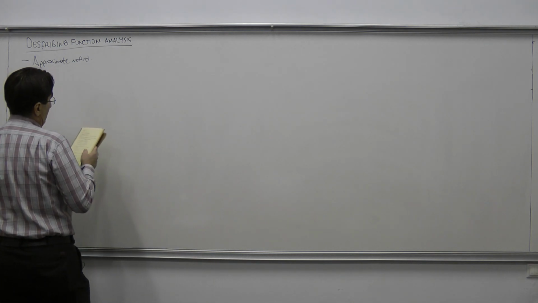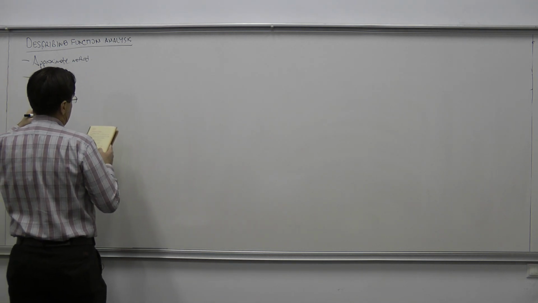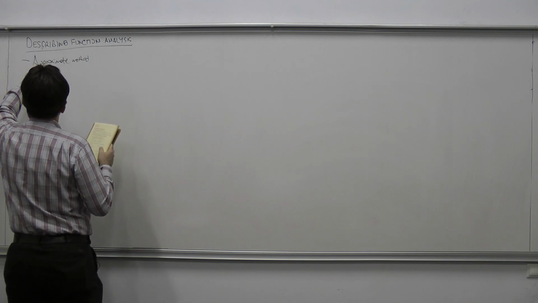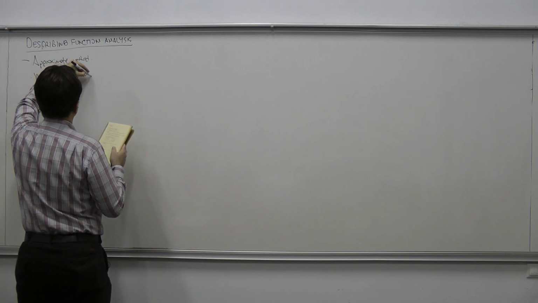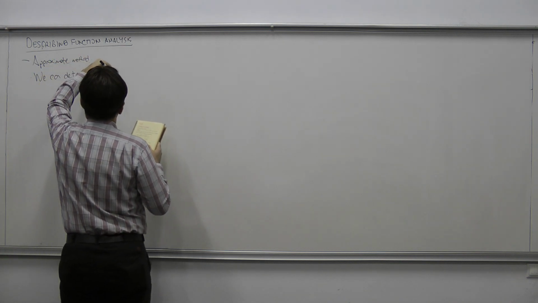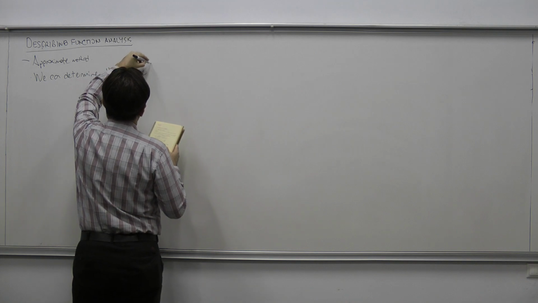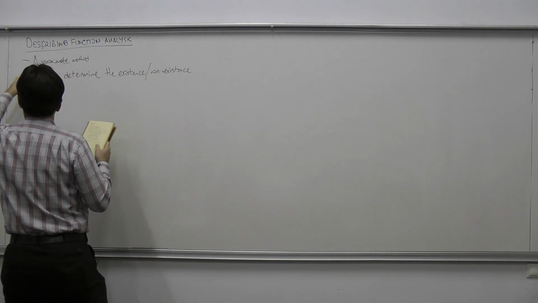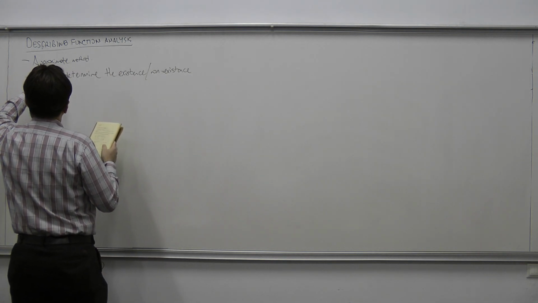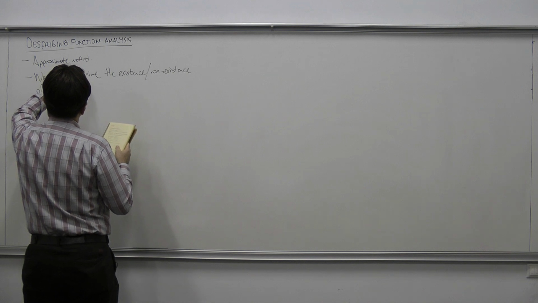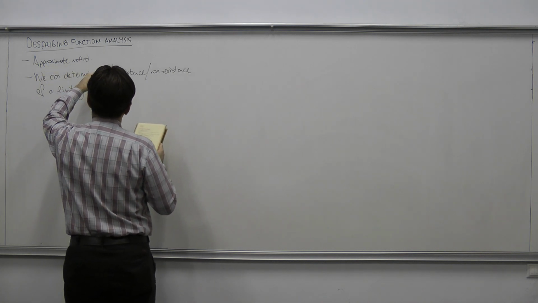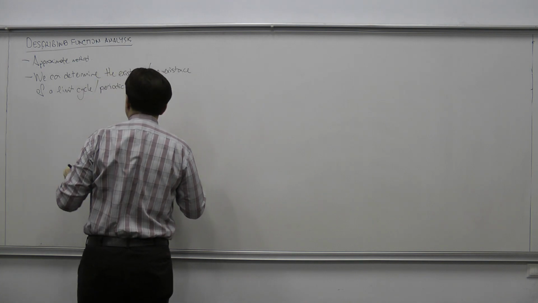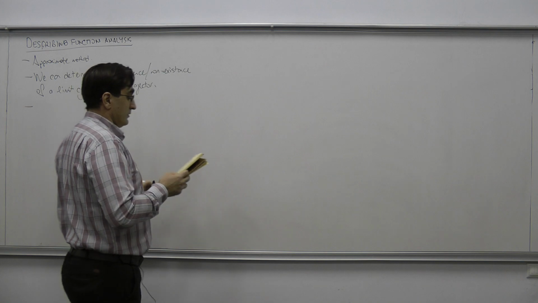So let us write what we can use this method for. Well, we can determine the existence or non-existence of a limit cycle or periodic trajectory. This is one of the uses of this method.